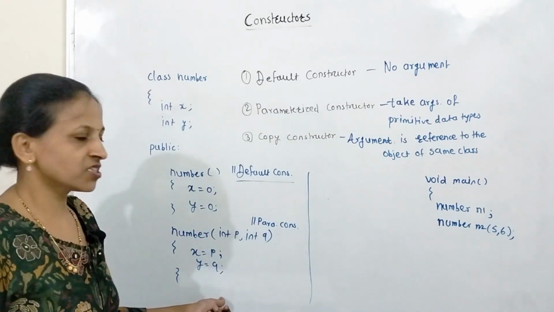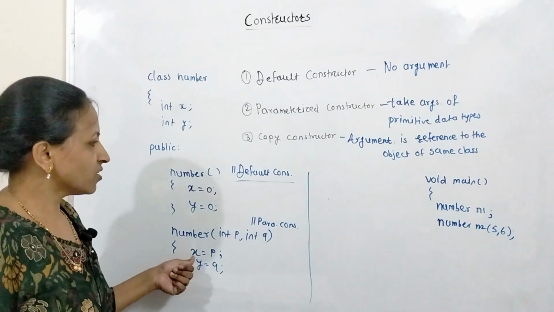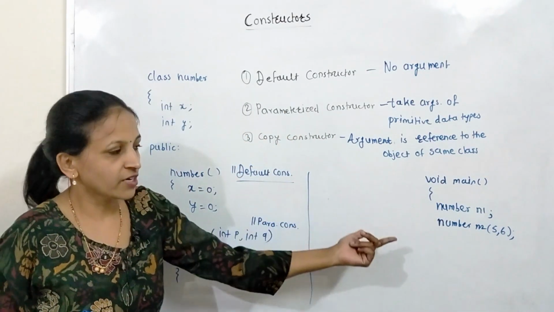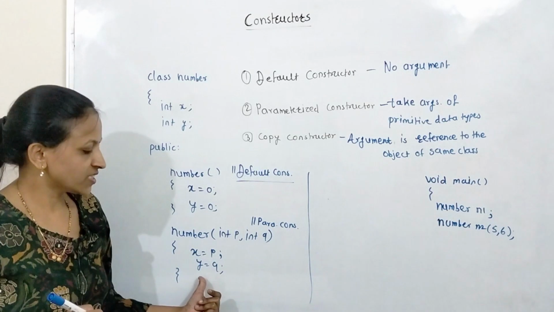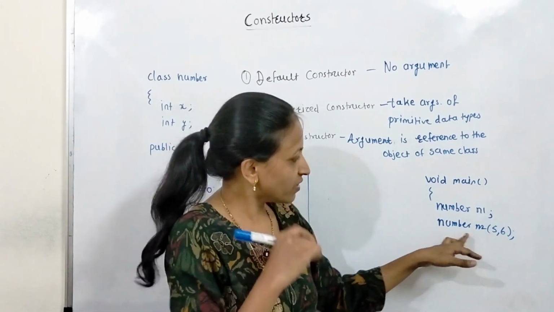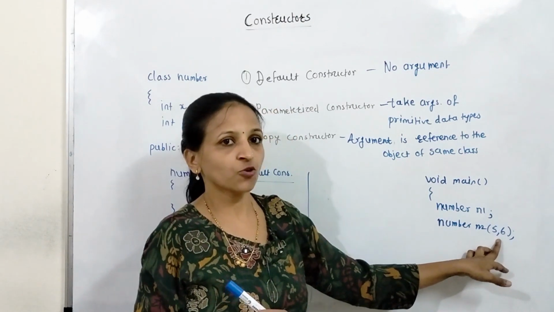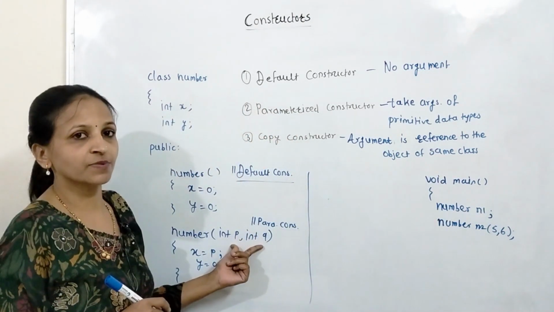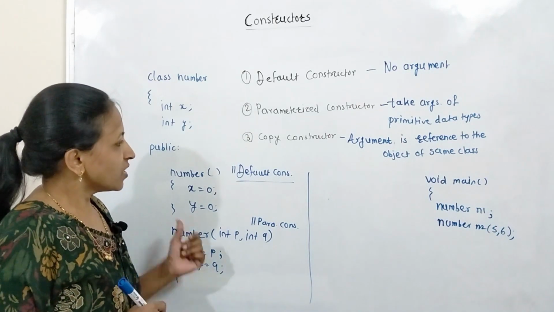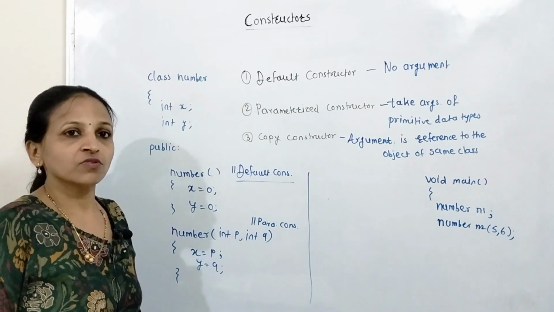Automatically the parameterized constructor will get called, and 5 will be set to x of n2, and 6 will be set to y of n2. In this way, whenever we create an object by passing arguments of basic data types, this parameterized constructor will be called. These points we have already covered.